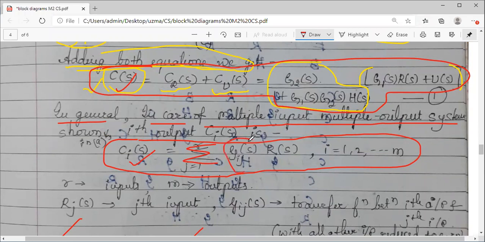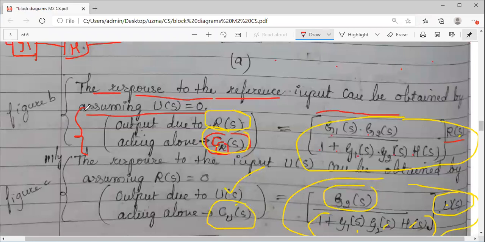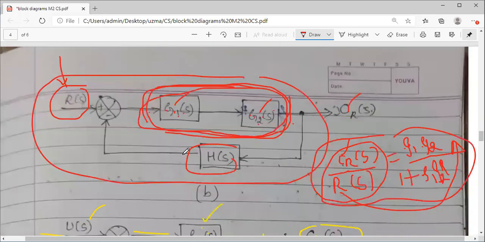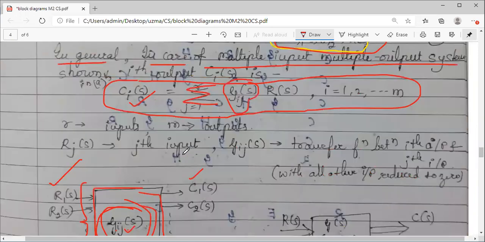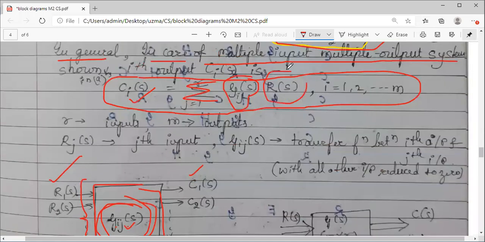You can see here, I have got the transfer function for individual terms. First, when I took only R of S, I got this transfer function. When I took U of S, I got this transfer function. Individually, I will get some transfer function, multiplied by the input R of S. So this is the generalized output when I consider multiple input, multiple output.